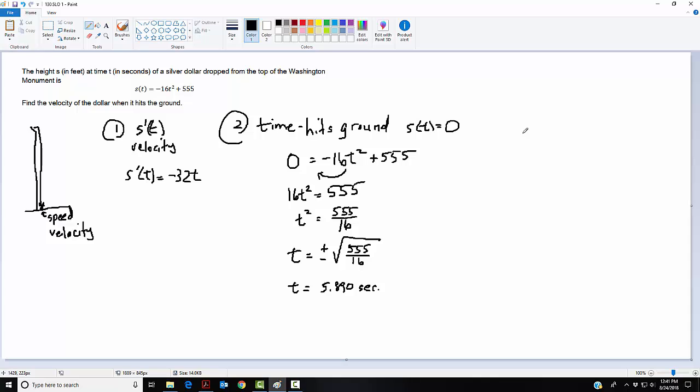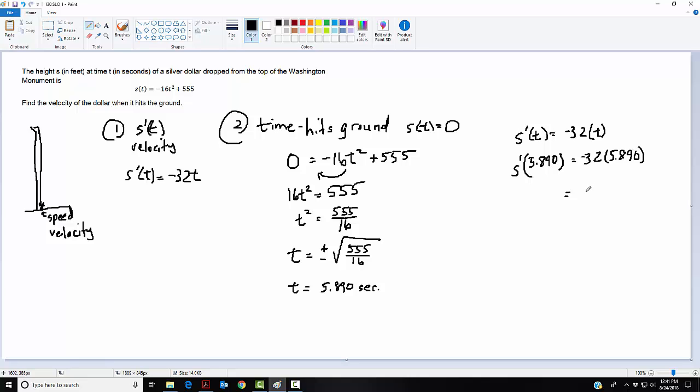Now when we plug it into the first derivative, we then will actually get our actual speed. And this will be in feet per second.